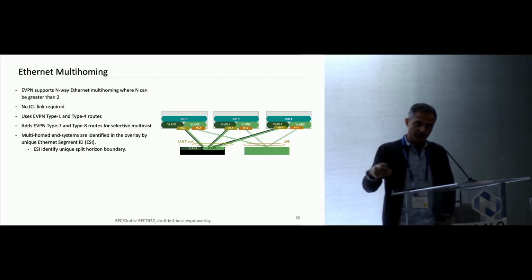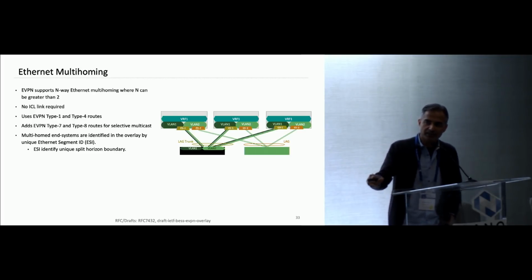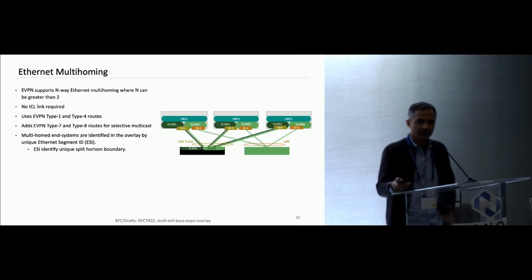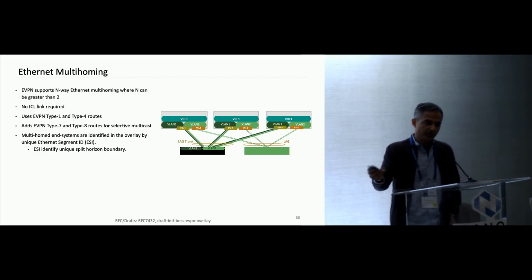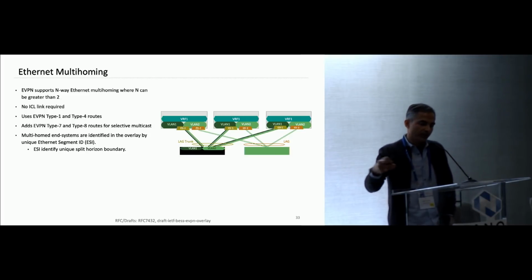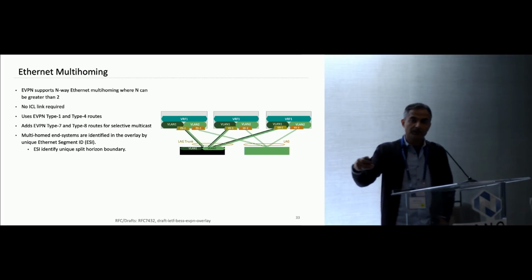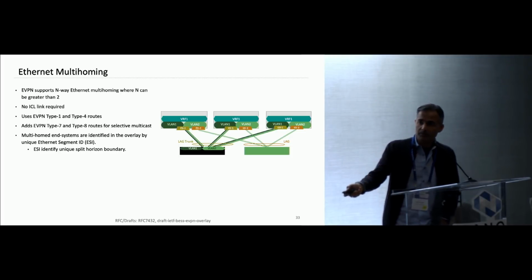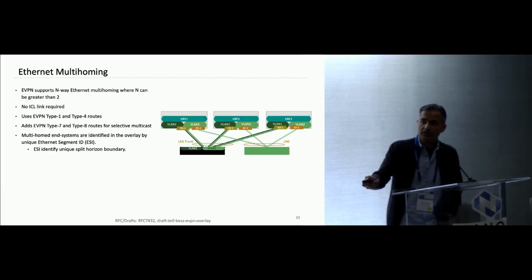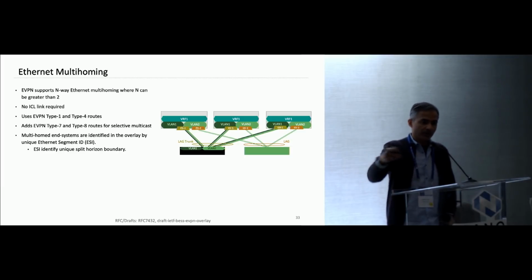It does identify an attachment point, but effectively its purpose is to identify a split horizon boundary between two L2 entities. It could be a host, it could be another network, but it defines a unique split horizon boundary between those two, and what crosses the boundary is not allowed to cross back. That's basically what an ESI is.